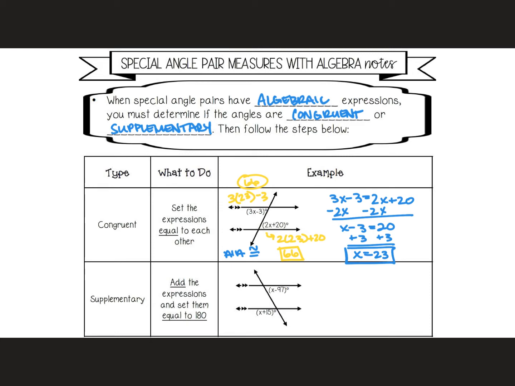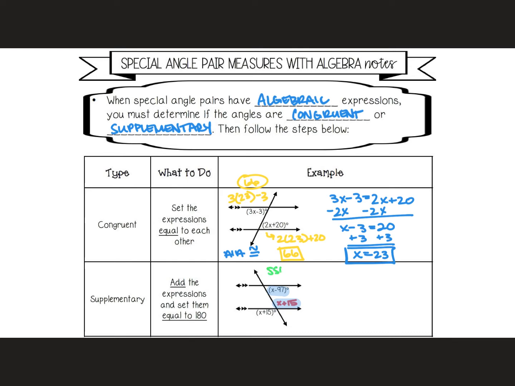But what I can say is, for instance, if you look at this x plus 15, I know that over here, this is also x plus 15 because those would be vertical angles. Now that I have that filled out, I can say that these two angles would be same side interior, and same side interior angles add up to 180 degrees.